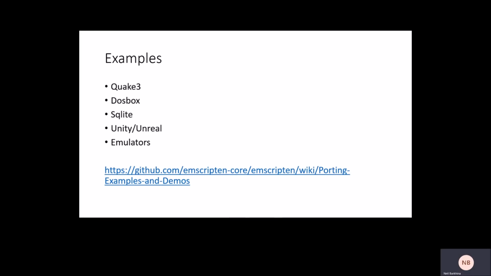You've also got things like the Unity game engine and Unreal game engine. These are really popular in the game industry. So they have added the web, HTML, as one of their targets, and the way they accomplish this is using this WebAssembly technology and also emulators.